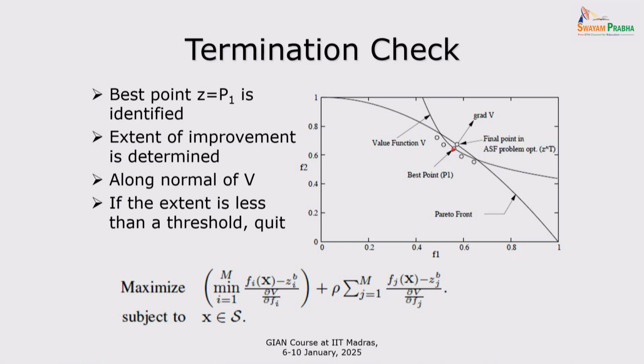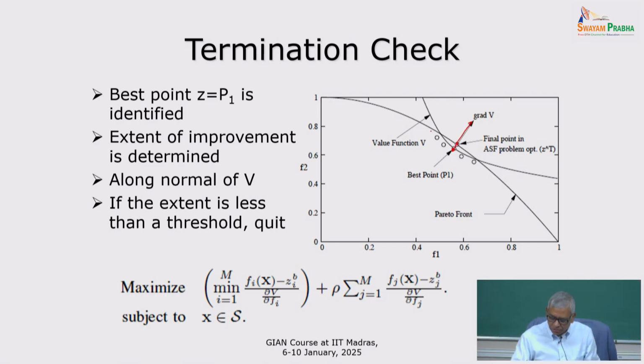And at that point, I can find the gradient of the value function and then make a search along that direction to say where is the optima along that line. So if the Pareto front is here, this will be the optima. This gives you an idea of how much still you have to converge. So it can give you an idea of the convergence before you terminate. So this can be used as a termination condition.